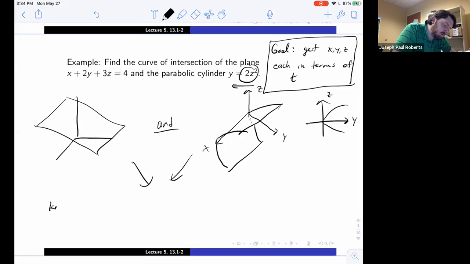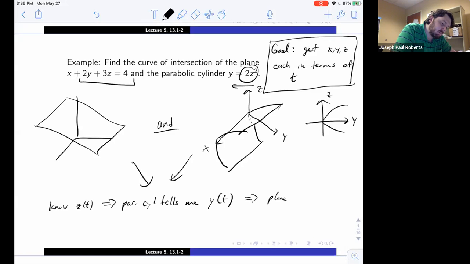If I know z of t, the parabolic cylinder tells me y in terms of t. Then if I know z of t and y of t, the plane equation gives me x of t.